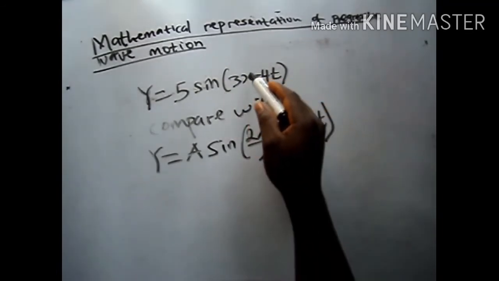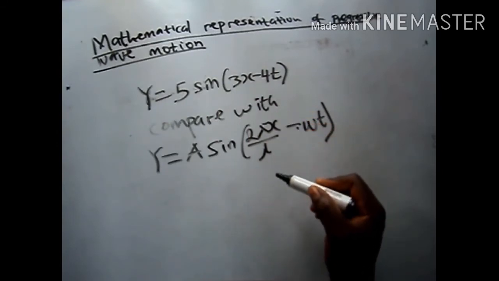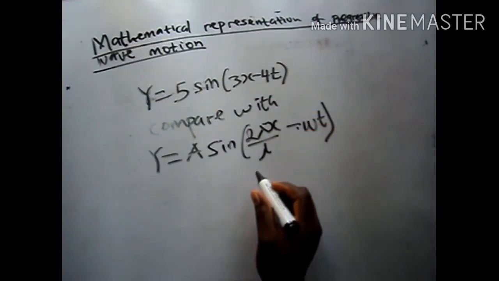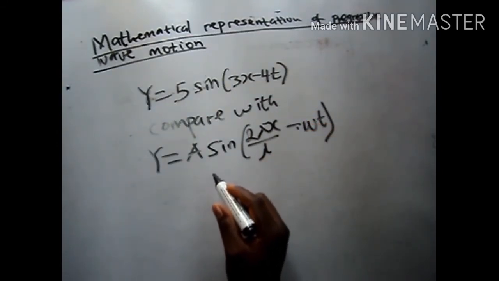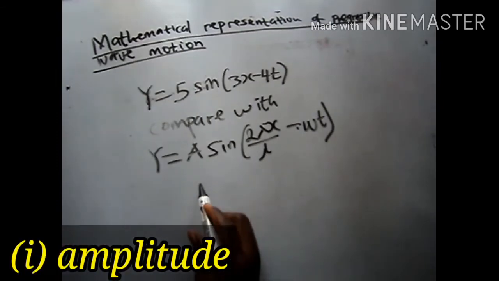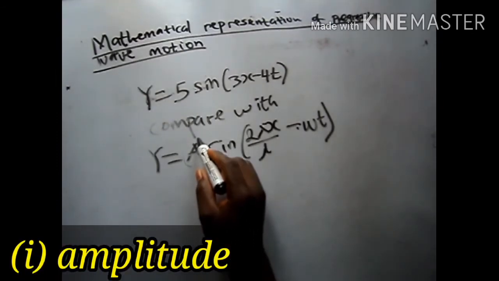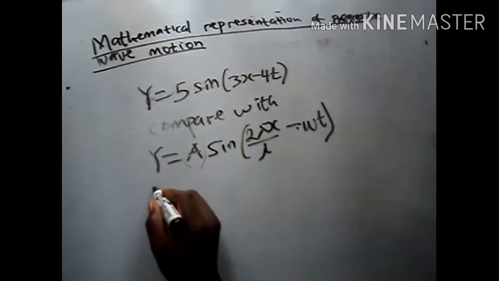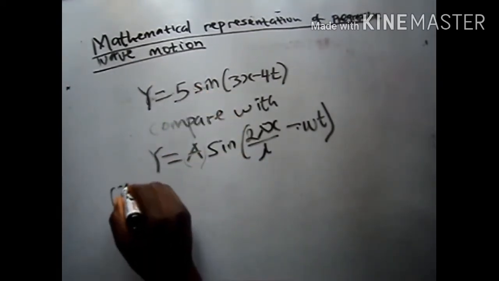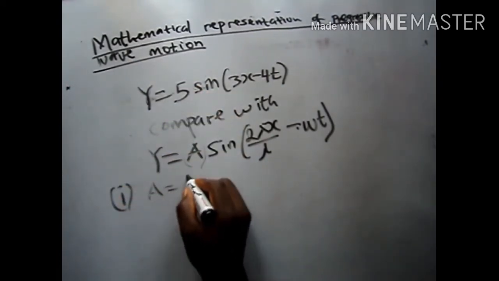This wave is moving in a positive direction, right? Now we have to look for the amplitude. I told you a is amplitude. That means our amplitude, the first question, is 5.